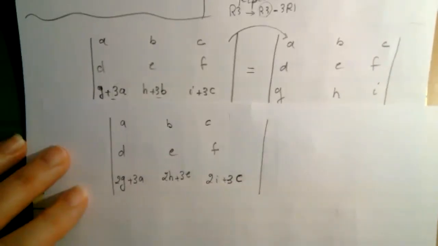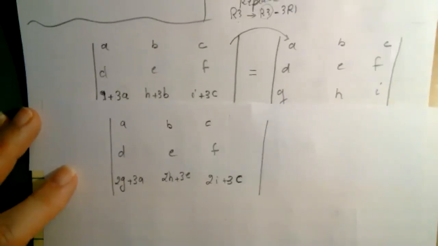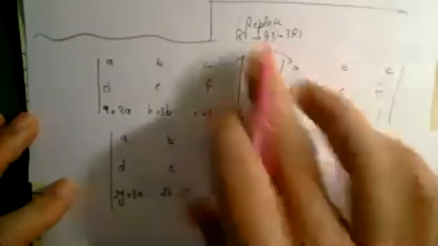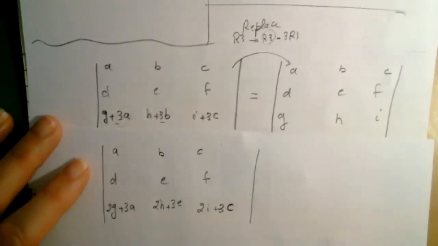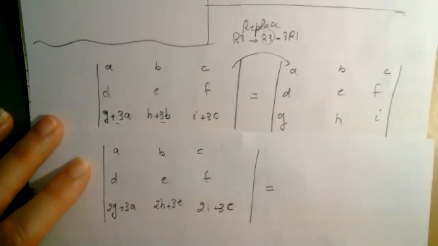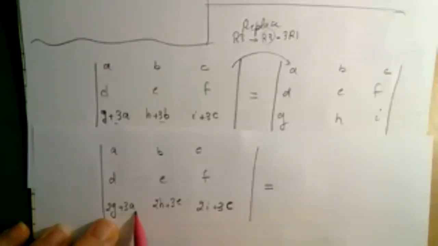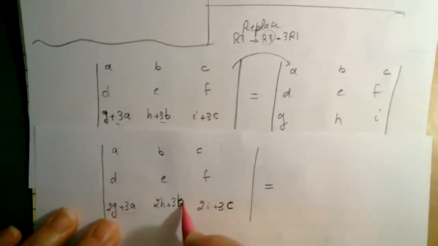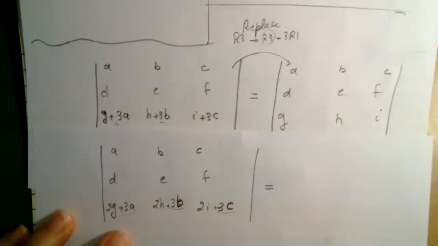It's absolutely 14, and let me get you to 14 very systematically, that's why I did this piece here, so we will have no doubt about it. So my first operation is going to be, I want to get rid of the 3A, sorry, that's 3B. I'm going to get rid of the 3B, and I'm going to get rid of 3C.